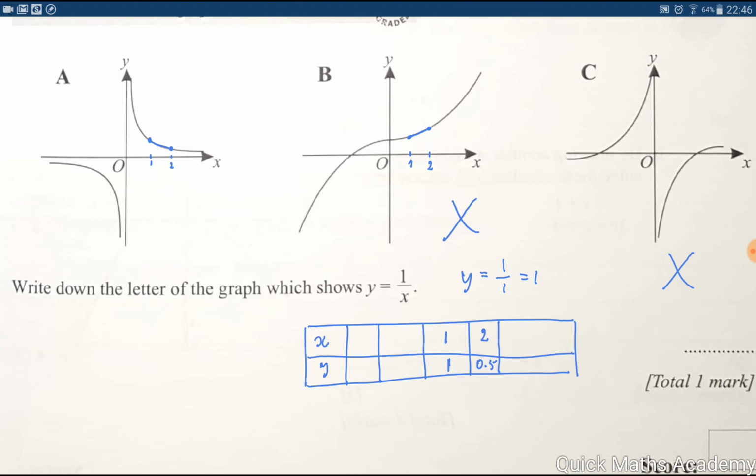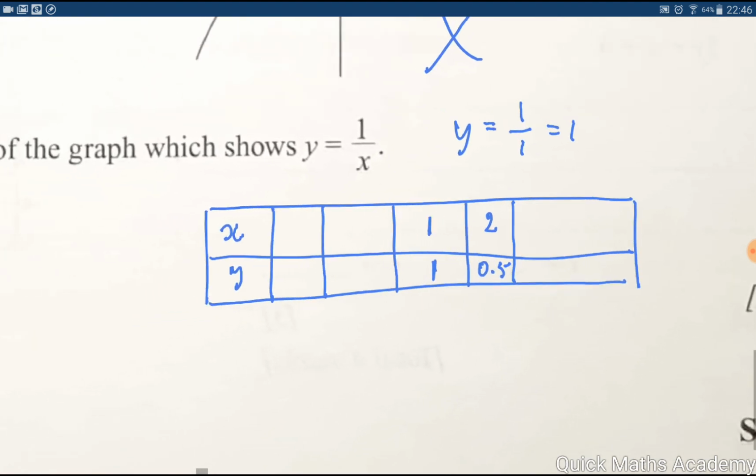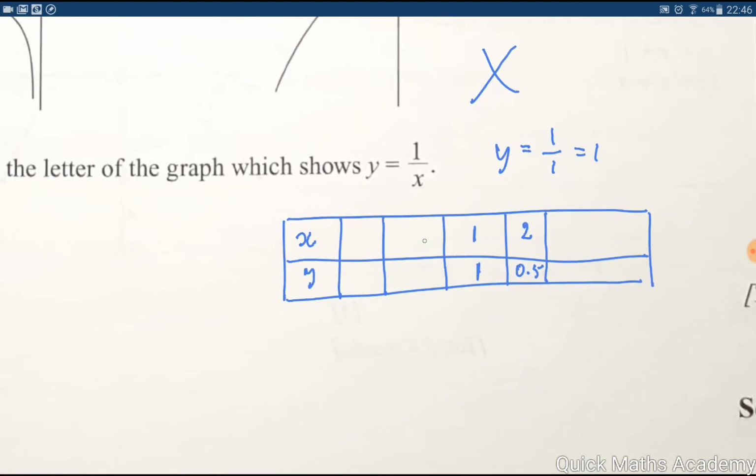Okay, and let's do some values to see if we continue to have the same behavior. Let's say we have something between 0 and 1. Let's say 0.2, for example.